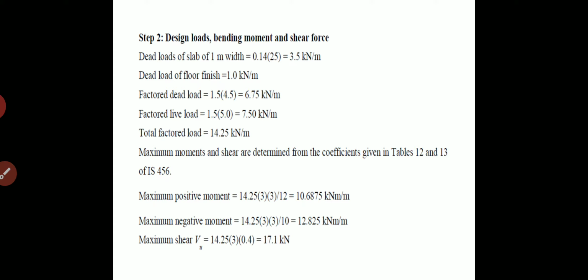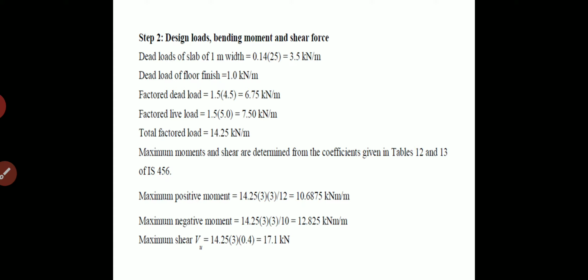So here WL square by 12, so W is 14.25 into 3 squared divided by 12. So maximum positive moment equals 10.6875 kilonewton meter.